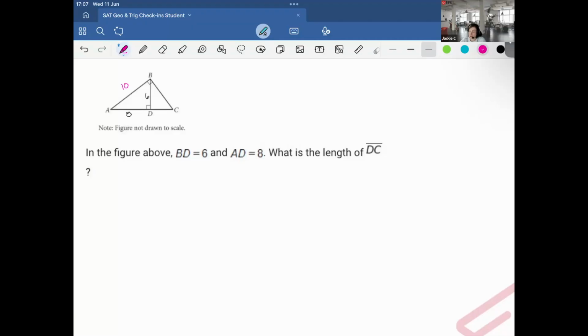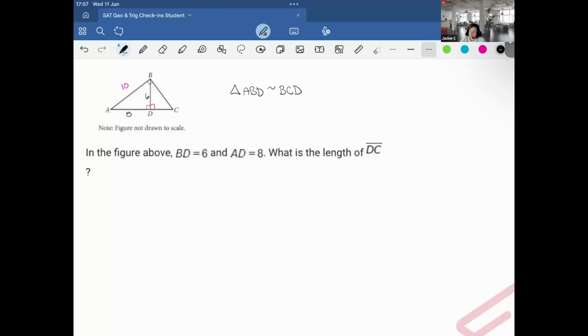So let's see. I have a right triangle, and I see that BD is dividing triangle ABC into two similar triangles. So I can say triangle ABD is similar to BCD.